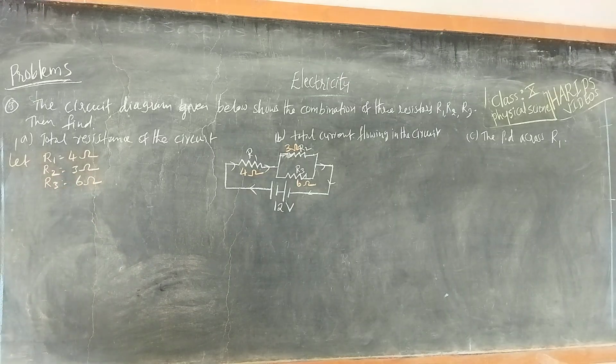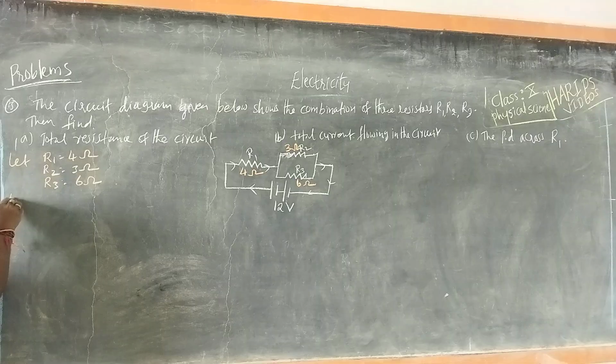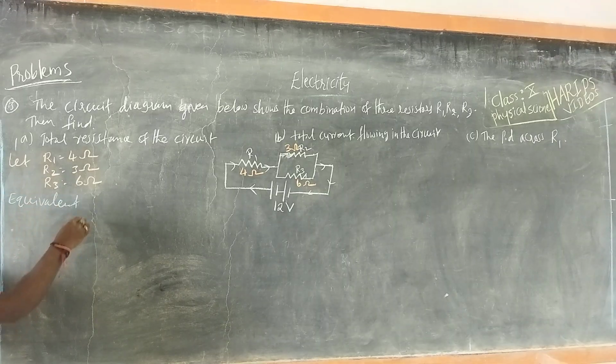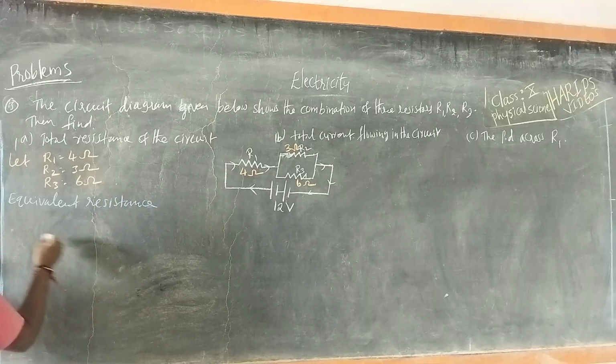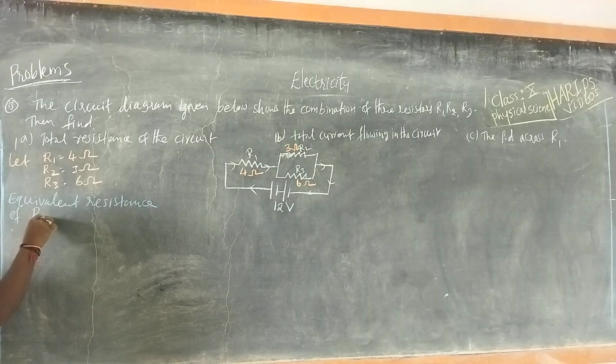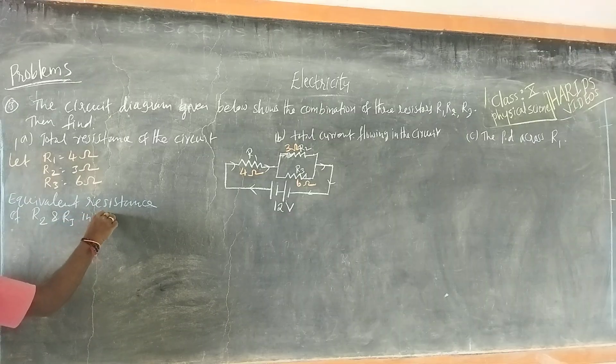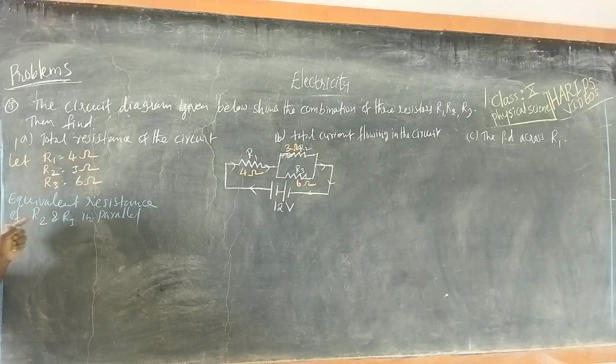So, let's find the equivalent resistance of R2 and R3 in parallel.